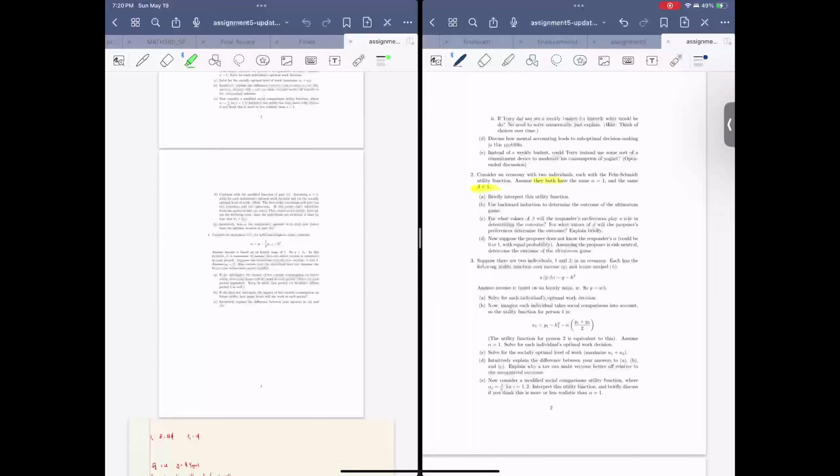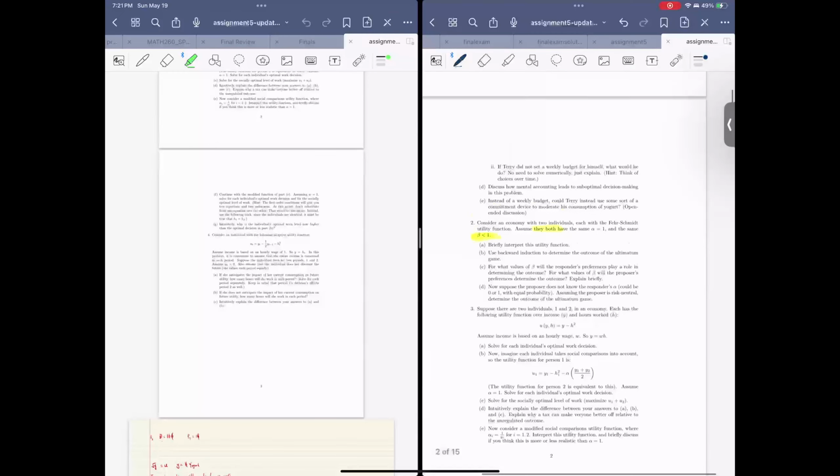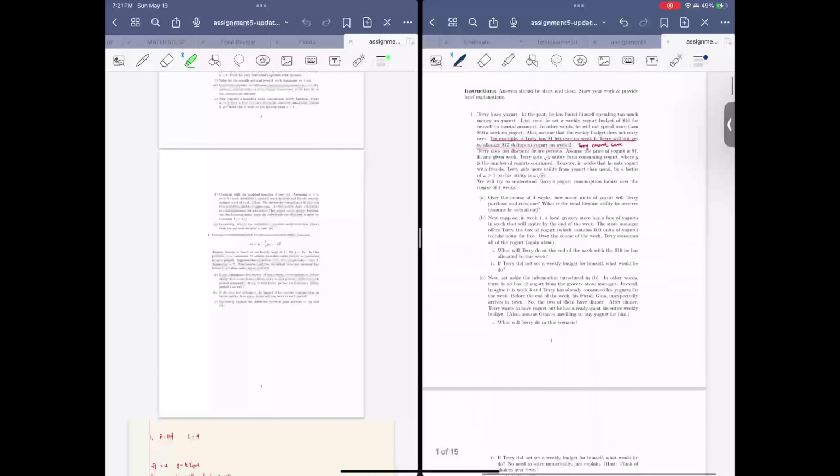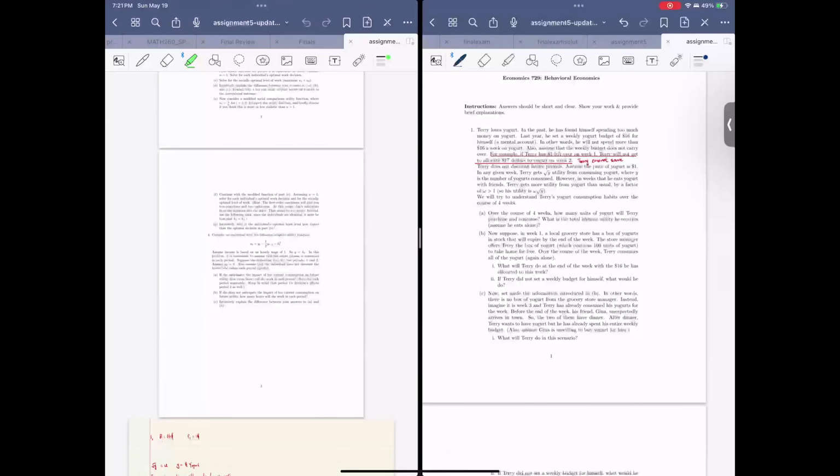Right. Okay. And also try to have the intuition on the mental accounting as well, because mental accounting actually appeared on the year before. Oh, really? Okay. So yeah, at least have the intuition on the mental accounting. How does it work, and why is it important?